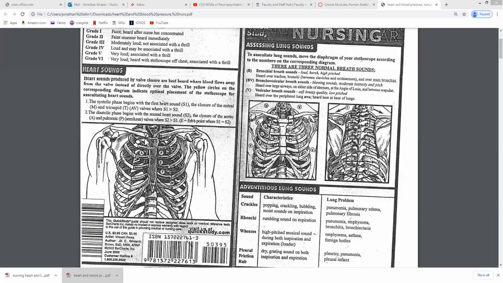There's rib 1 that articulates with the manubrium. The space in between is called intercostal space number 1. The fancy word for rib is costal. So there's costal number 1, intercostal space number 1, rib number 2 or costal number 2, and intercostal space number 2.